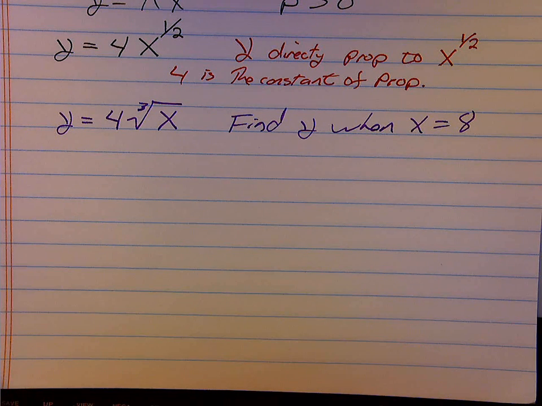In a situation like this, we're going to use this just like any other formula. We're going to plug in our input and solve for y. Is that a 3? Yes, that is a cube root.